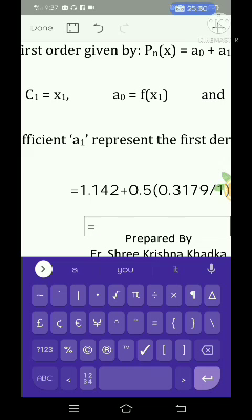Equals, so we have 1.4142 plus 0.5 times 0.3179.